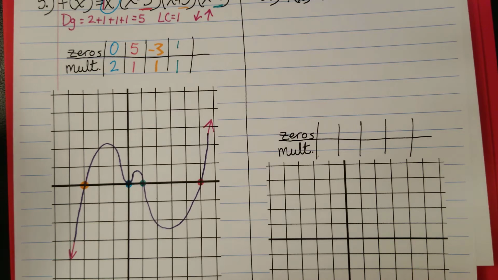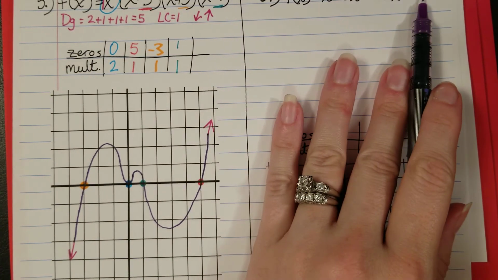There are some questions on MyLabs Plus where they have you graph it using a graphing tool. In that case, I believe you need to find the y-intercept, which is really easy. If you have it in expanded form, your y-intercept is just your constant term.